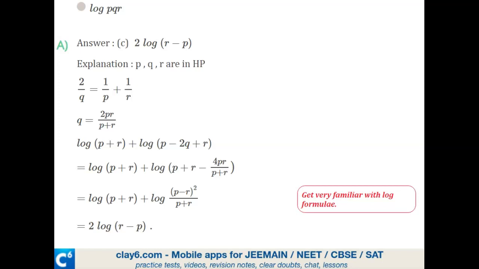So this is a tricky problem in that way that you could waste time, because you could go the wrong way. You could have taken p plus r and substituted 2pr by q, and you could still have done it, because there are ways to do it. If you had substituted for p plus r, you would have got 2pr by q. So log 2pr minus log q.